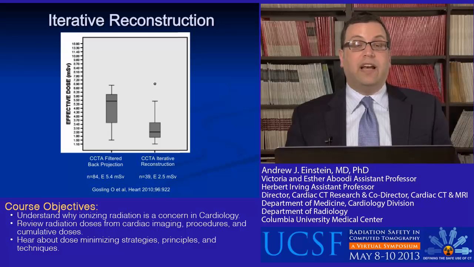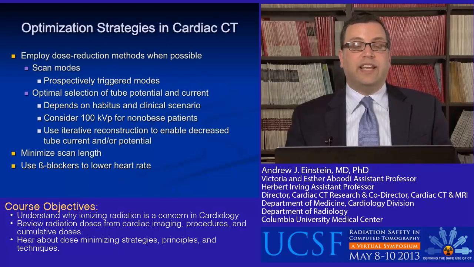Another technique which we have at our disposal is to minimize scan length. We don't need to scan patients from head to toe, and in cardiac CT, we don't need to cover from subclavian to mid-abdomen. By virtue of minimizing the scan length, we'll reduce radiation dose to our patients.